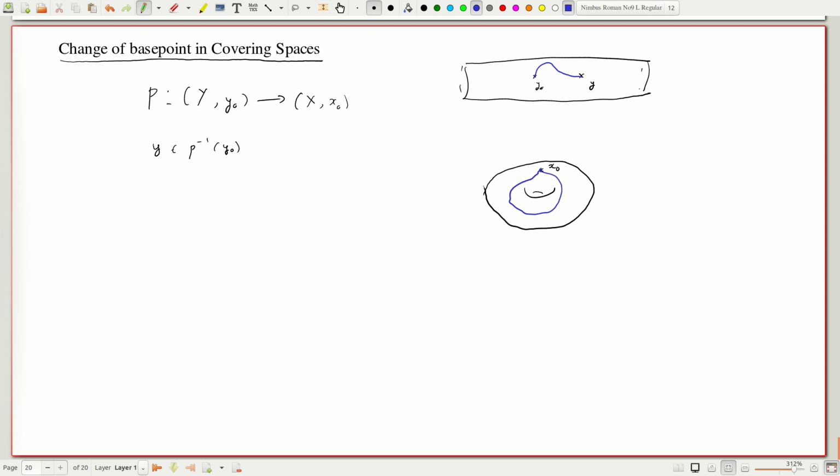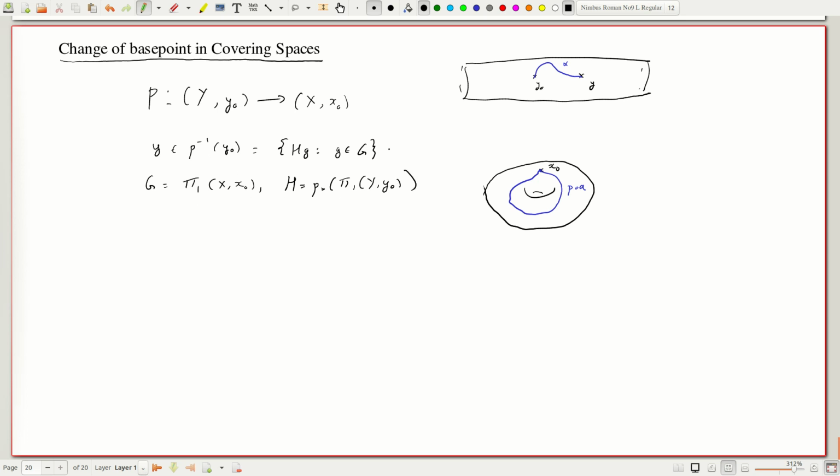So let's call this path alpha, and we look at P composed with alpha, and what we know here is that y corresponds to the set of all Hg with g in G, right cosets, where G is the fundamental group of X itself, and H is the image of the fundamental group of Y. We'll often just think of this as the fundamental group of Y contained in G, because this is an inclusion map.